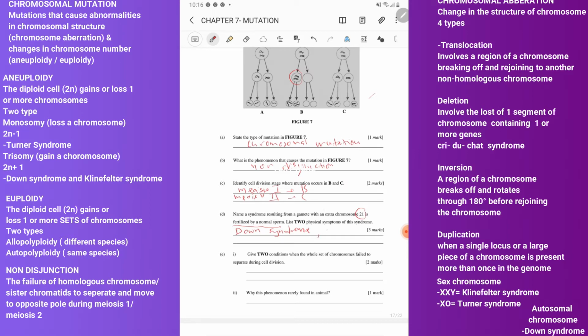First, you have a short stature, and then a wide, rounded face, and also a large protruding tongue.